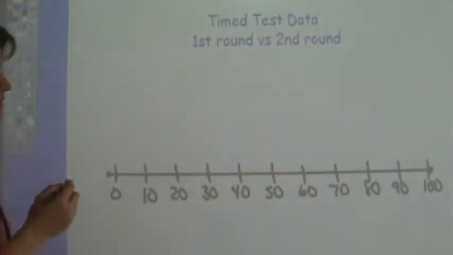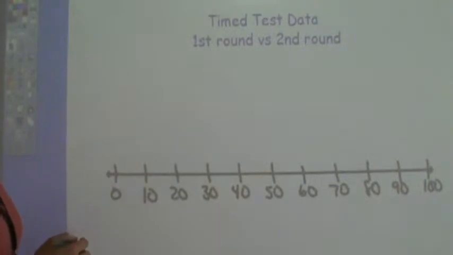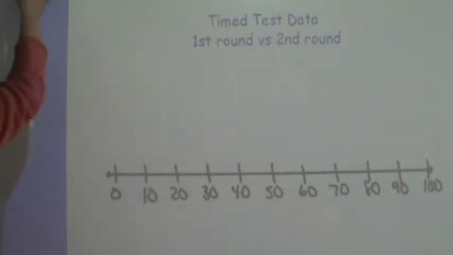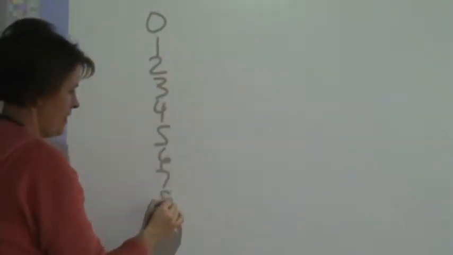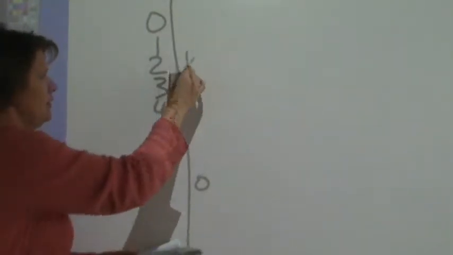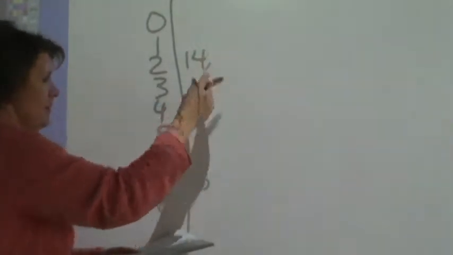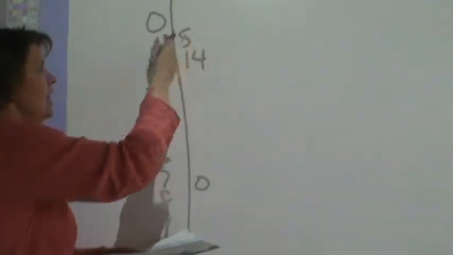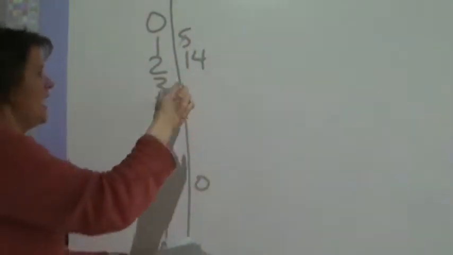Okay, so let's put this into play. We're going to use the time test data, first round versus second round. Round one is this one. All I'm doing is writing down our data, for example 70, 21, 24, 15.